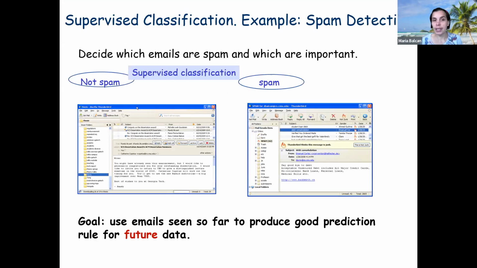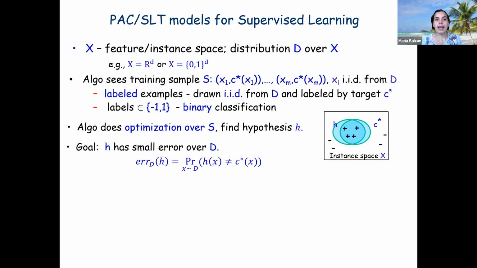Again, we'll be thinking about supervised classification where all the examples will be labeled. For example, emails might be labeled as spam or not spam if you want to do spam detection. And we will be thinking about the formalization that we introduced last time, namely the distributional model for supervised classification as captured by the PAC and statistical learning theory models.